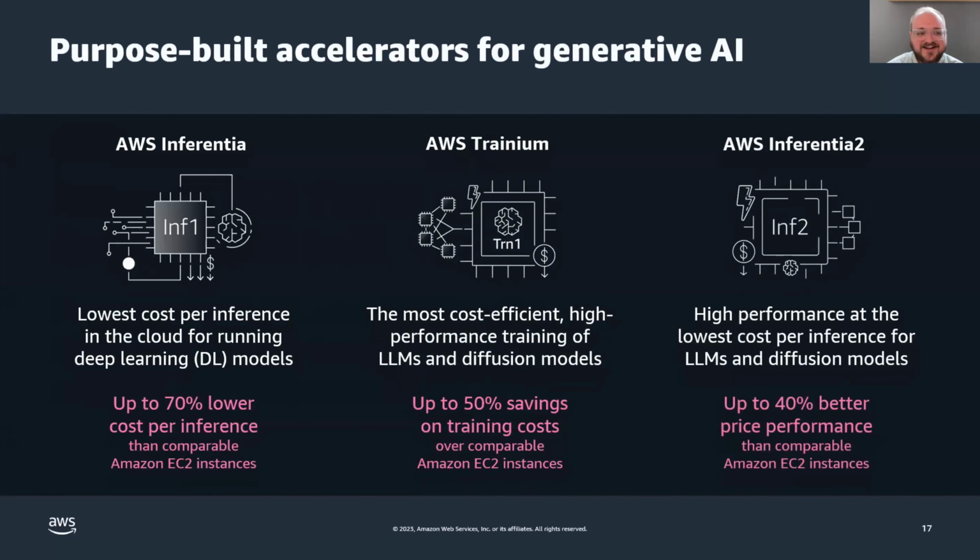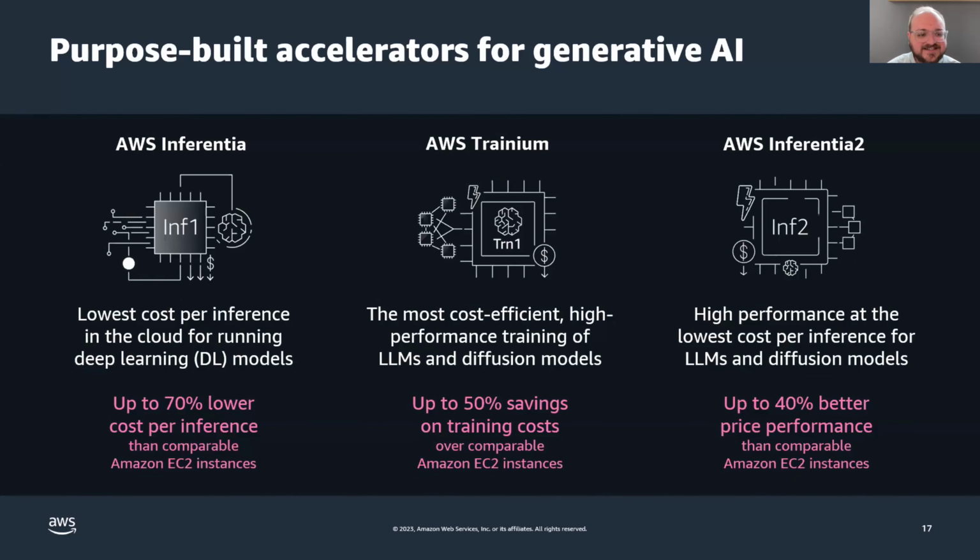And so I wanted to share some of the impact that these instance types make on building and training and utilizing AI on AWS. And so you can see here, we have the Inferentia, Trainium, and Inferentia 2 instance types here. And I wanted to highlight the cost savings and performance impact of these instances.